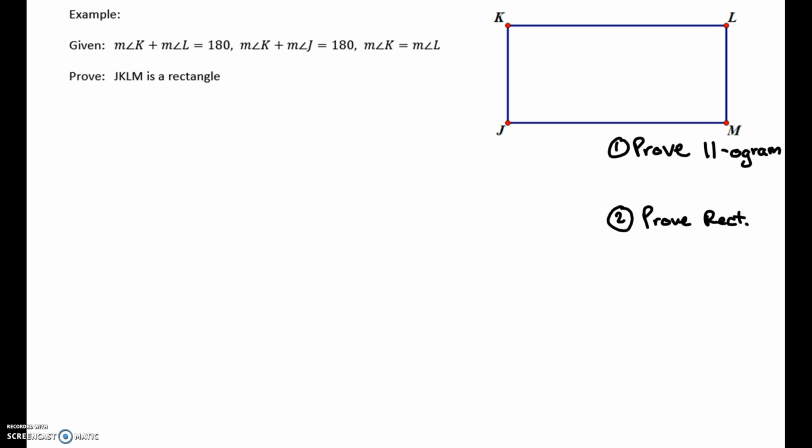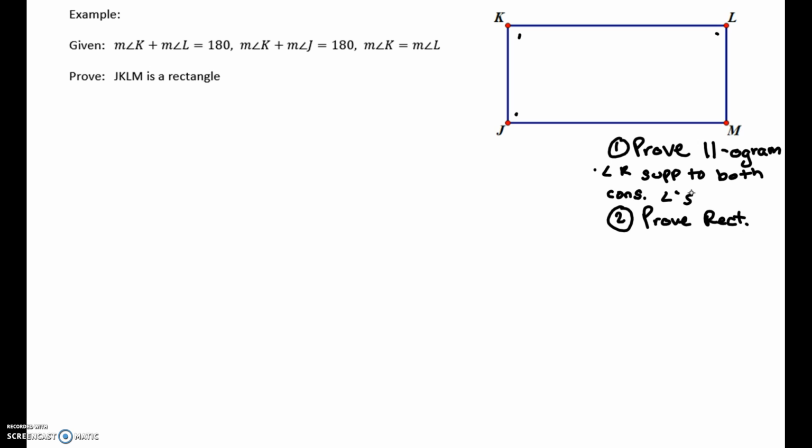In this one, they tell me that angle K and angle L add to 180, and angle K and angle J add to 180. Well, that's going to help me prove that we have a parallelogram because angle K is supplementary to both of its consecutive angles.